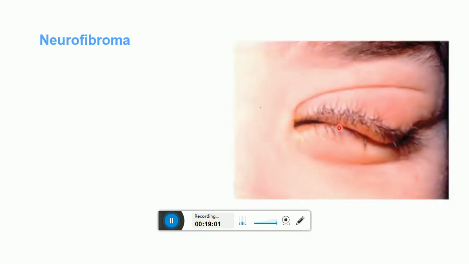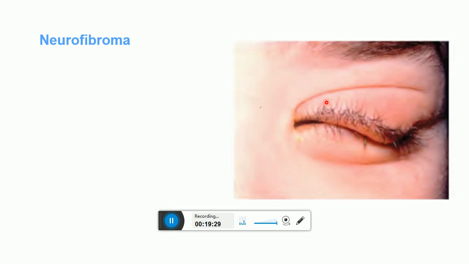Another one is neurofibroma. The cutaneous neurofibromas are benign nerve tumors. They are usually nodular and pedunculated. They can be found anywhere on the skin. An isolated neurofibroma is common in normal individuals, but if multiple lesions are present, neurofibromatosis should be excluded.